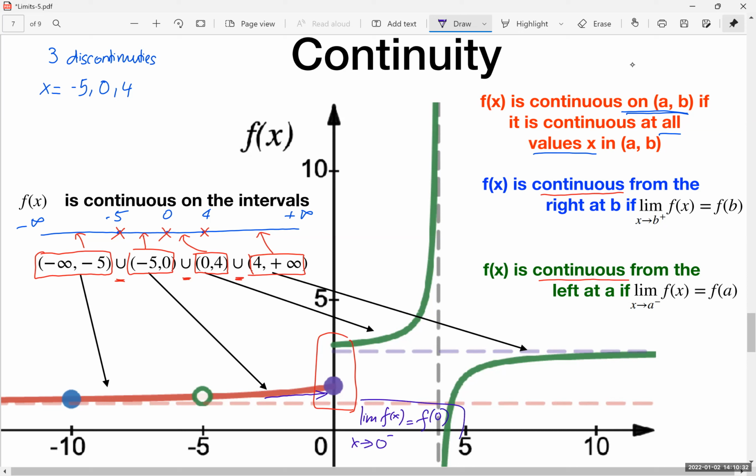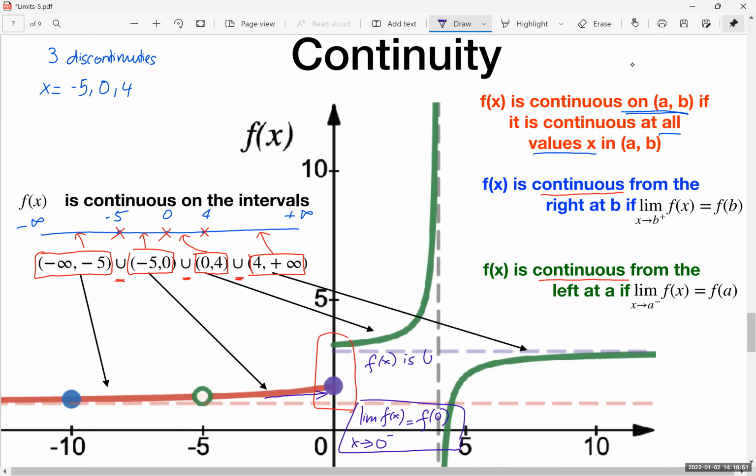If this condition is satisfied, then you can say that f of x is continuous from the left at 0, or that at x equals 0, the function is left continuous.